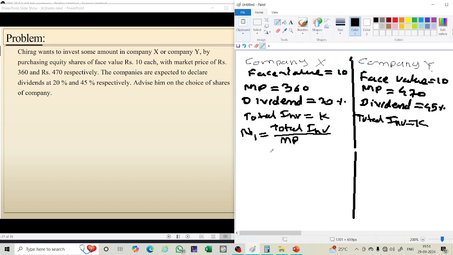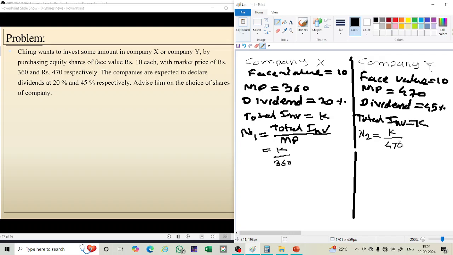Now here total investment we have considered K divided by market price 360, and here N2, the number of shares, total investment we have considered K upon market price 470.